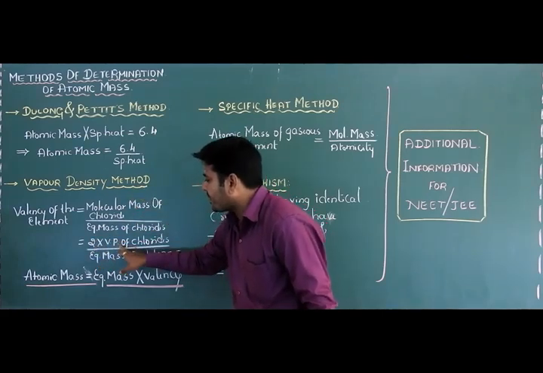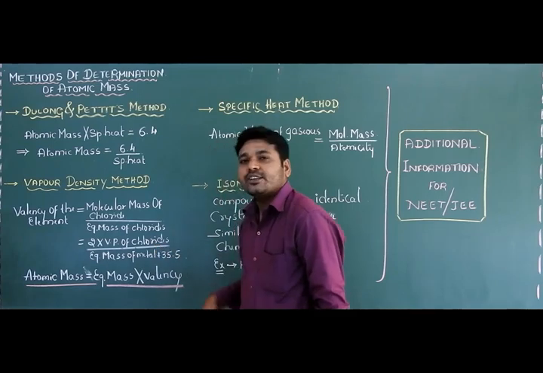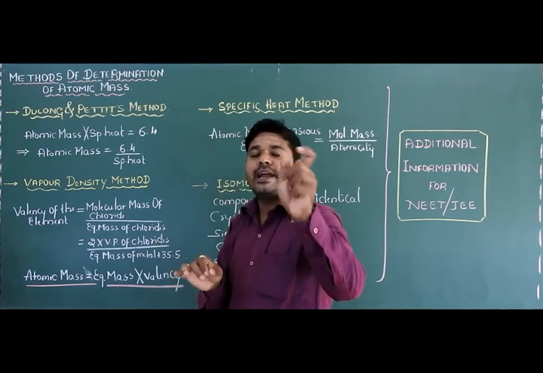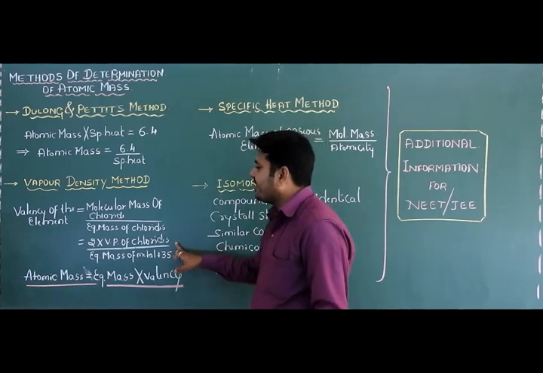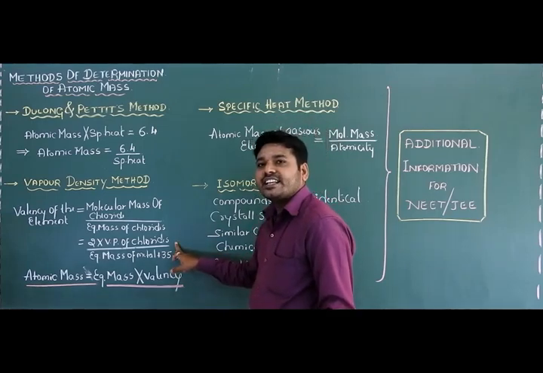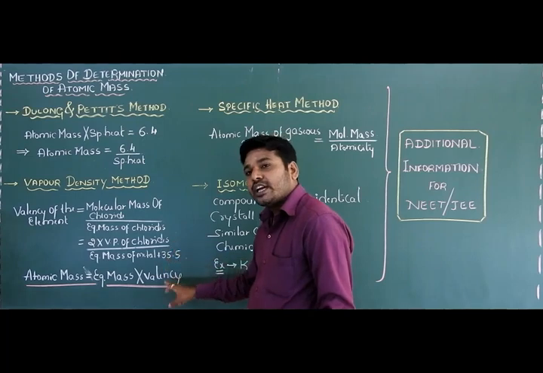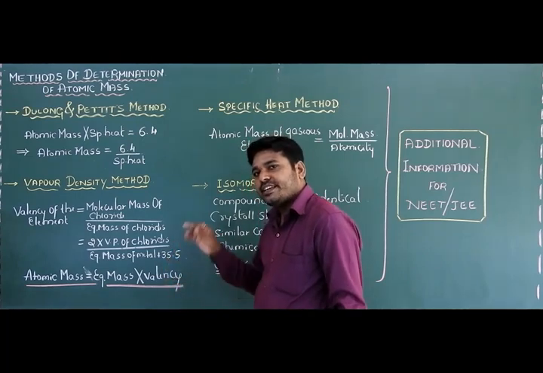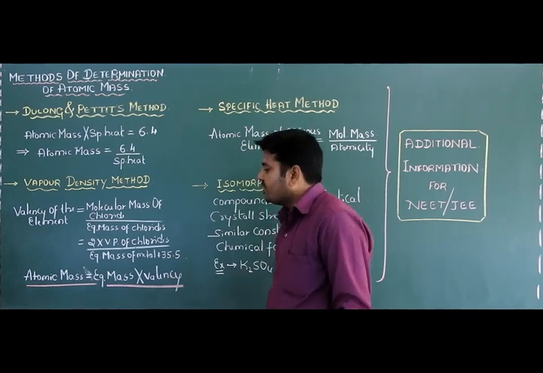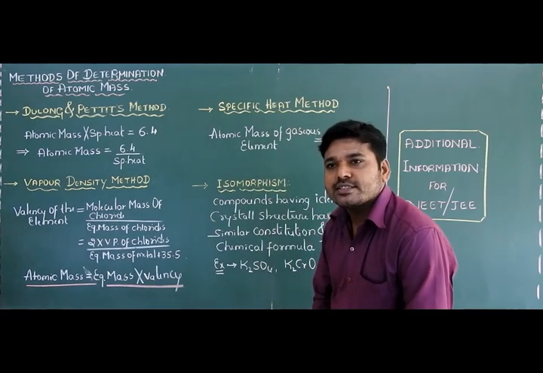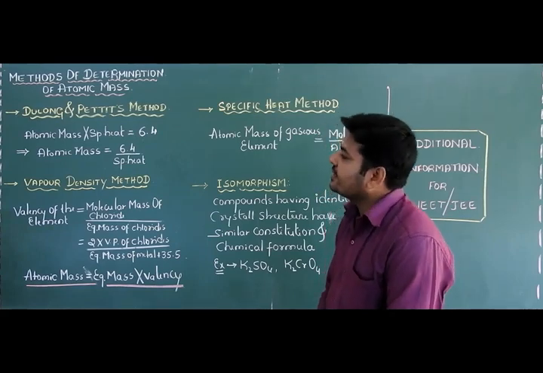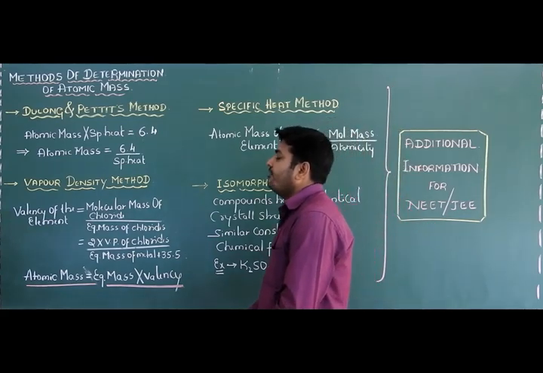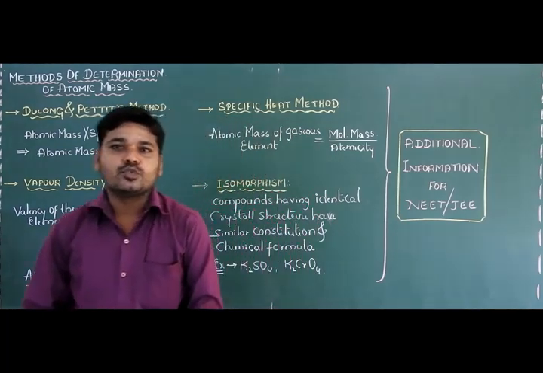So 2 into vapor density of chloride divided by equivalent mass of metal plus 35.5. Students, this is regarding the valency of the atom. And how to calculate the atomic mass here? The atomic mass of an element is calculated by using the formula equivalent mass multiplied by valency. This is regarding the second method called the vapor density method, students.